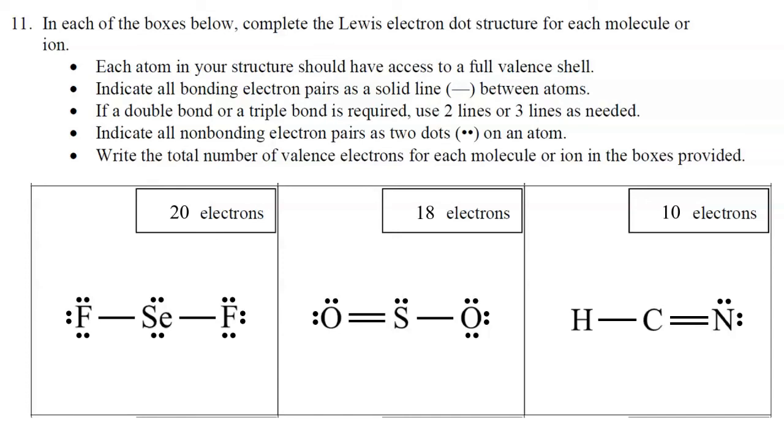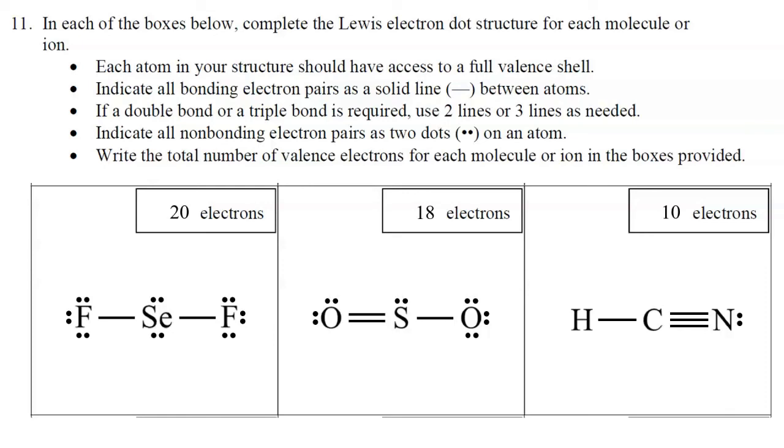I still have 10 electrons. The carbon does not have a complete octet right now. It only has access to 6 electrons. So I have to make a triple bond. I'm going to move a pair of electrons again from the nitrogen to that spot in the middle to make a triple bond. And now that I've done that, there's 10 electrons total. Each atom has access to a full valence shell. So that structure is now complete.